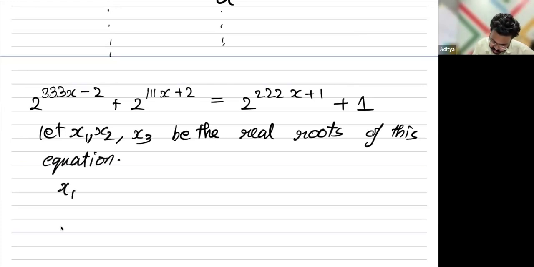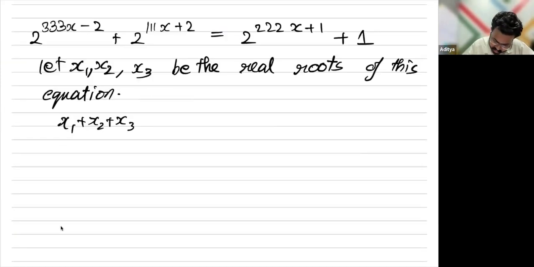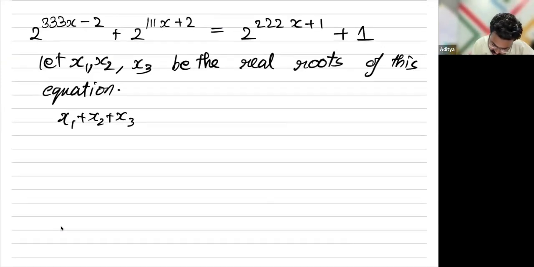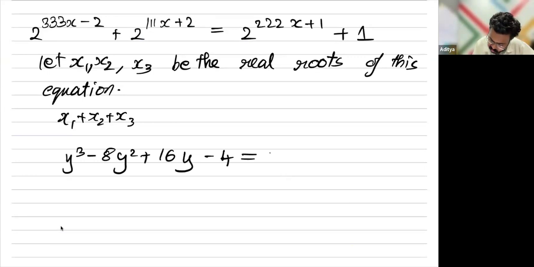If you want x1 plus x2 plus x3, the way to get it from y1, y2, y3, where we have y cube minus 8y square plus 16y minus 4 equal to 0.